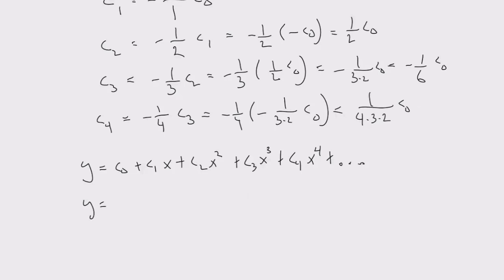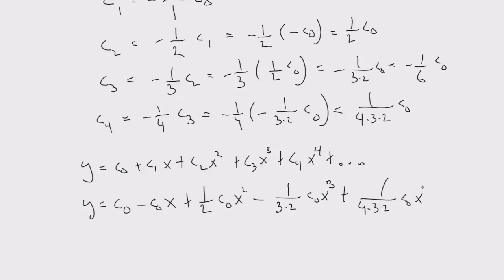So if I go back and make that substitution, then I get c0 minus c sub 0 x plus 1/2 c sub 0 x squared minus 1/3 times 2 c sub 0 x cubed plus 1/4 times 3 times 2 c sub 0 x to the fourth.